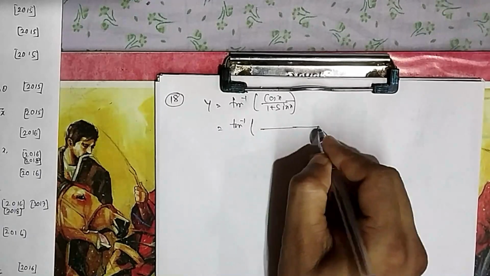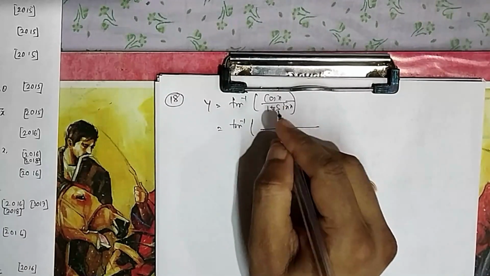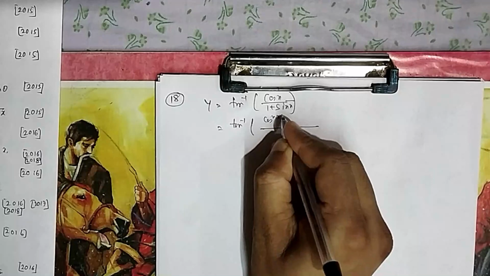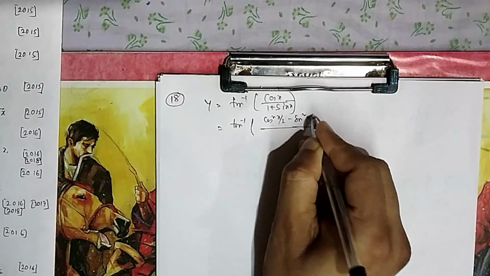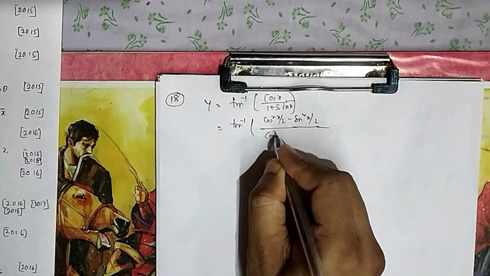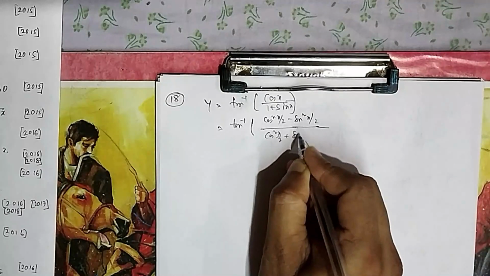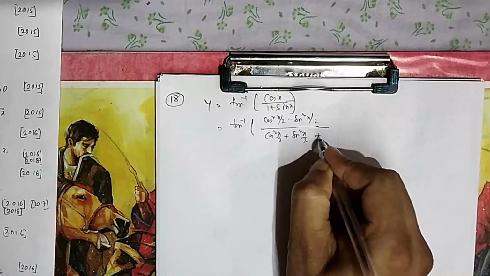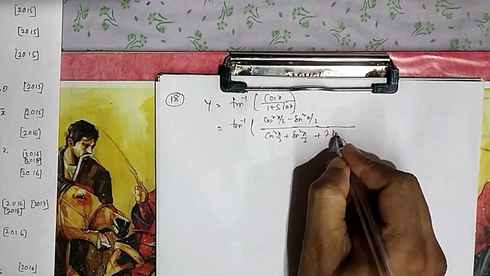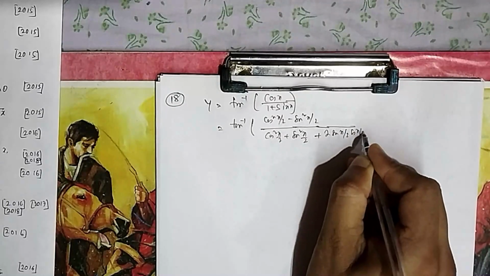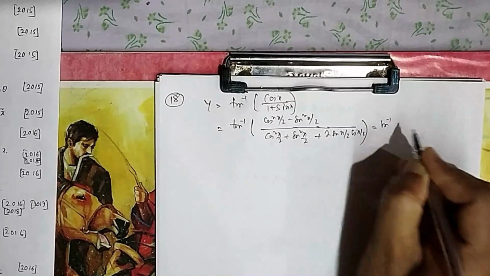So this cos x, actually what we do, you write cos 2 theta, that is cos square x by 2 minus sin square x by 2, and this one we write cos square x by 2 plus sin square x by 2, sin square theta plus cos square theta, and this sin 2 theta is 2 sin x by 2 cos x by 2. So what does it give rise to? Tan inverse.